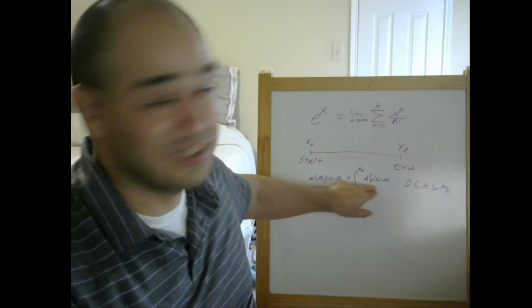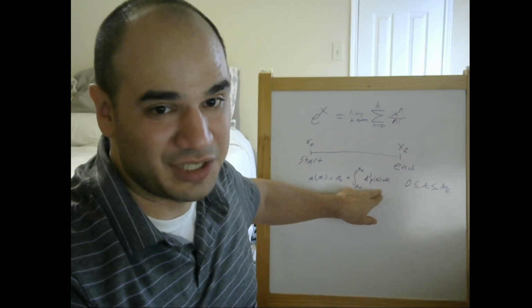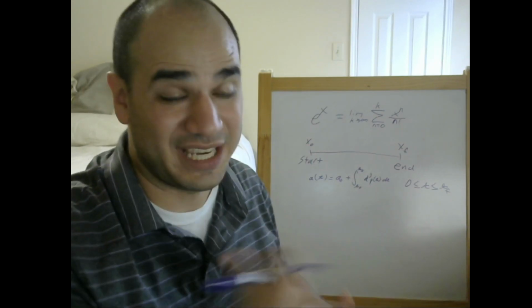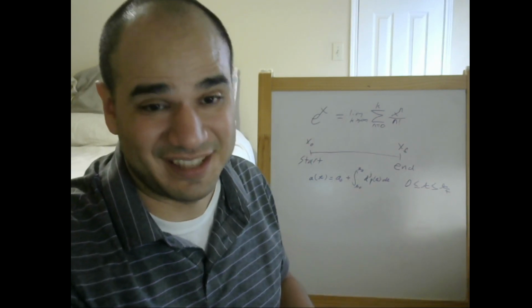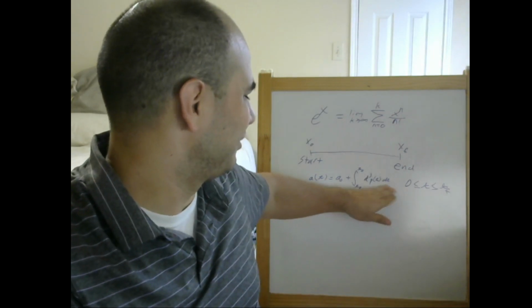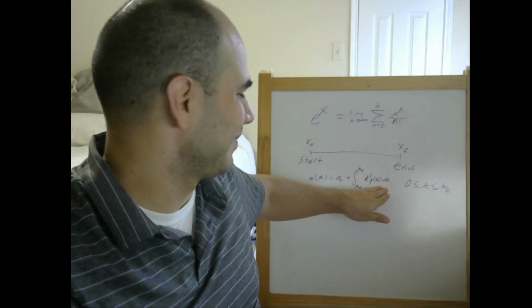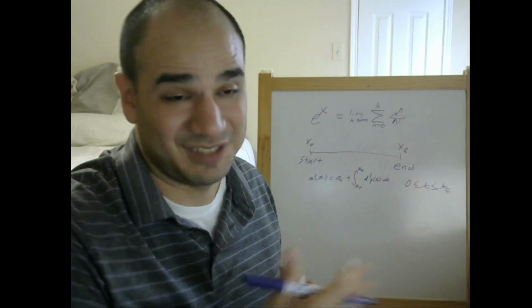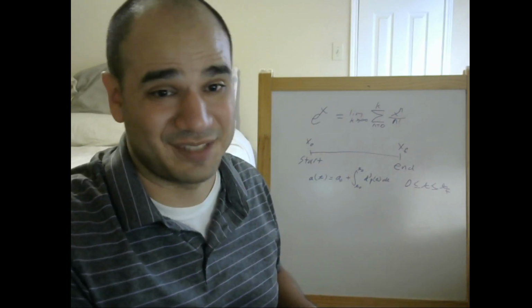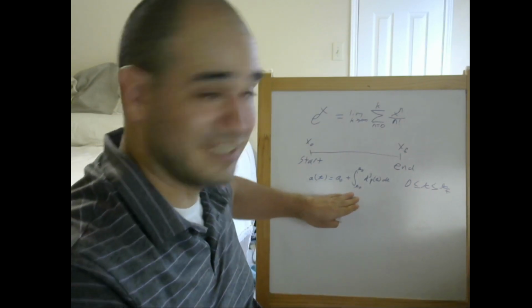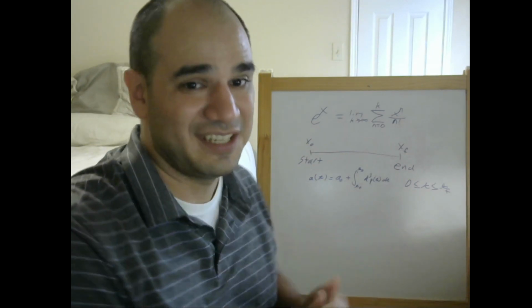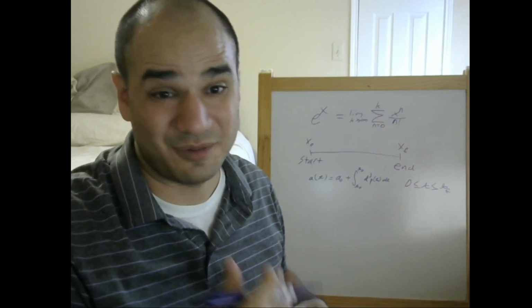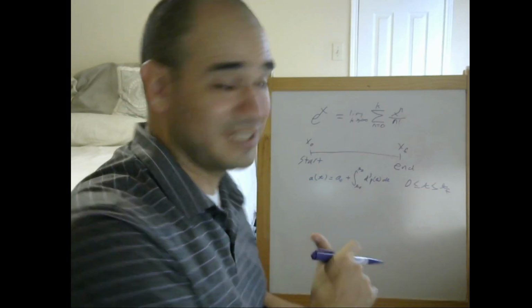And we're integrating this once because we only want to know how much acceleration we gained, based on the jerk that was applied over that amount of time. So then we have this, and now we have a function for a of t. So we can use that and figure out what our velocity is at some point in time t.